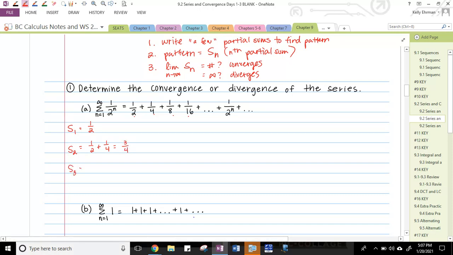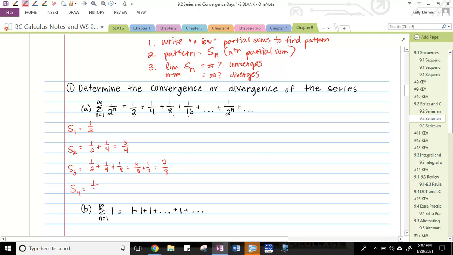I usually like to do 4 terms and see what happens. 1/2 plus 1/4 plus 1/8. Well, we know 1/2 and 1/4 was 3/4, so I'm going to make that 6/8 plus 1/8, 7/8, and maybe I'll give myself one more.